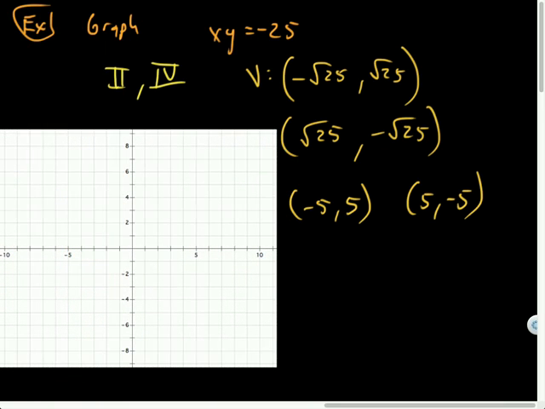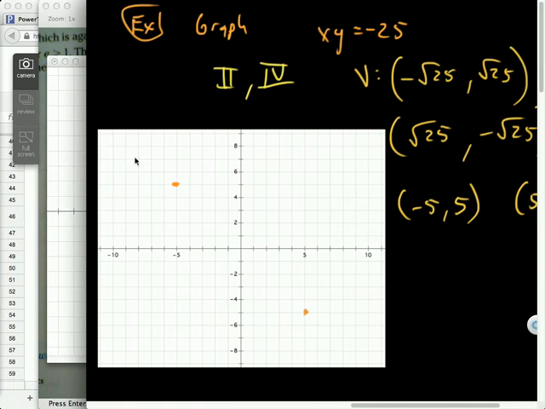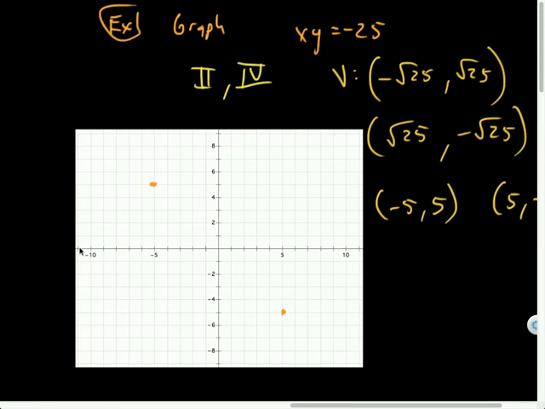And let's see, so let's plot some points. So I'll have left 5, up 5, right there, and right 5, down 5, right there. Whoa, man, I just glitched that out bad. Let's see if I can fix it. There we go. Problem solved.